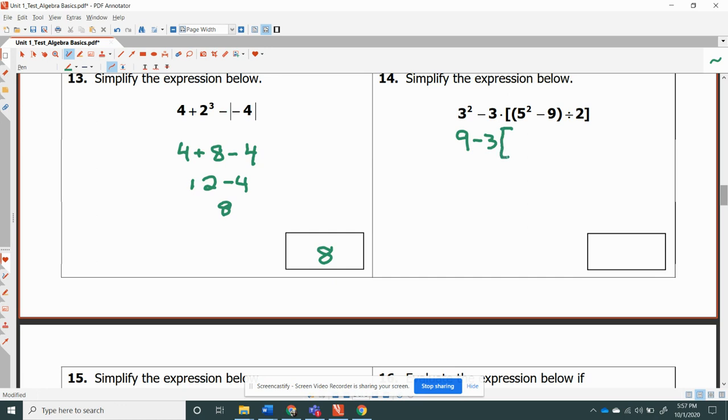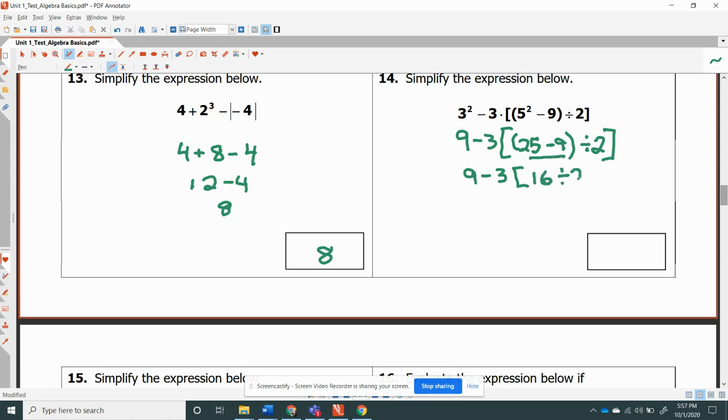So 3 times 3 is 9, minus 3 times, okay, let's put our parenthesis, 5 times 5 is 25, minus 9, that's closed in parentheses, divided by 2. And let's close our bracket. Okay, now we have 9 minus 3. We have our open bracket. Now we evaluate 25 minus 9, which is 16.